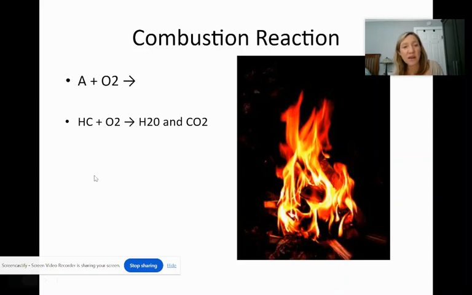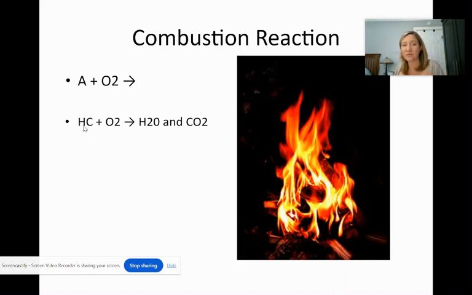The last one is combustion reaction. So the key here is this guy here, O2. If you see O2 by itself, not like CO2, BO2, DO2, whatever, just O2 by itself on the left side, that's a combustion reaction. The most common combustion reaction is going to look like this bottom one down here. This is HC, which means it's hydrogen and carbon.